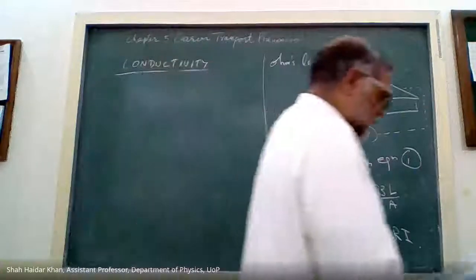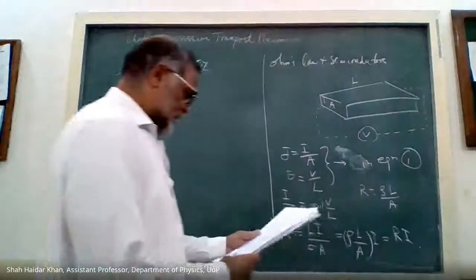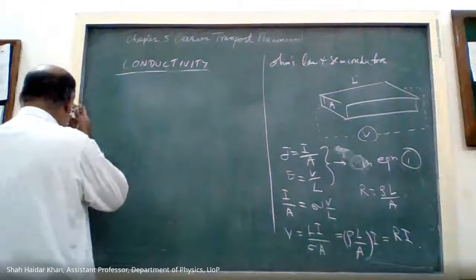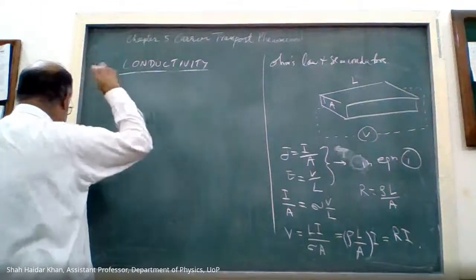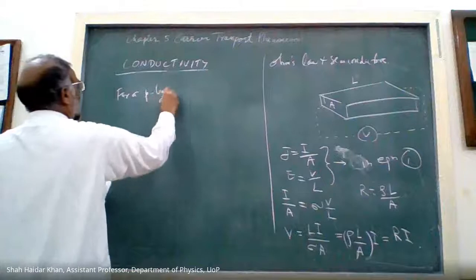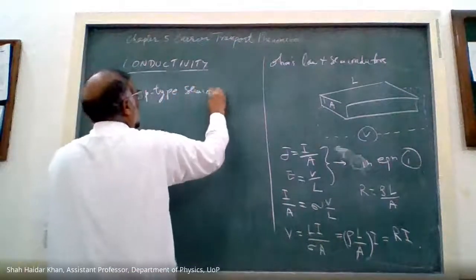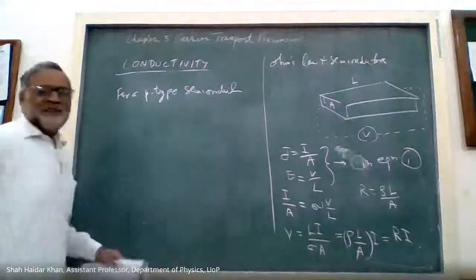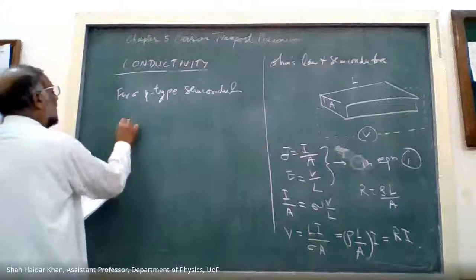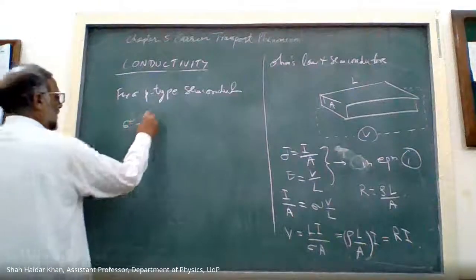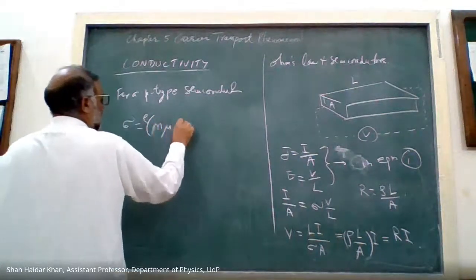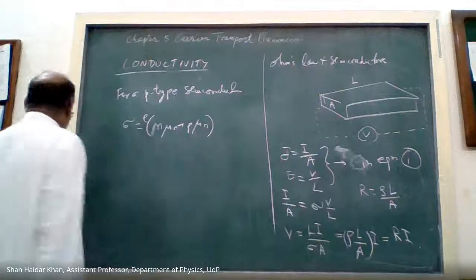So now, what will be the situation for a p-type semiconductor? Conductivity for a p-type semiconductor: we know that sigma is equal to e(n mu_n + p mu_p).